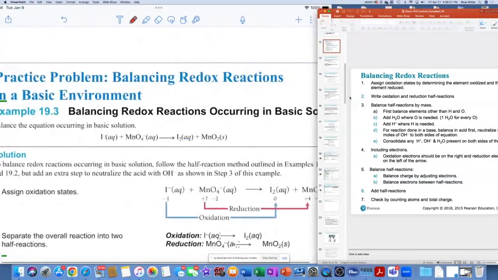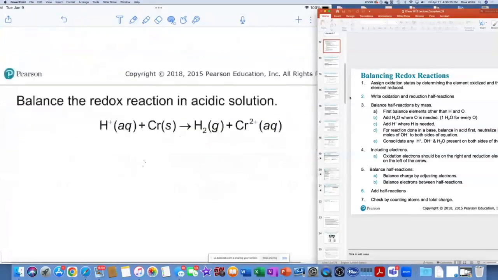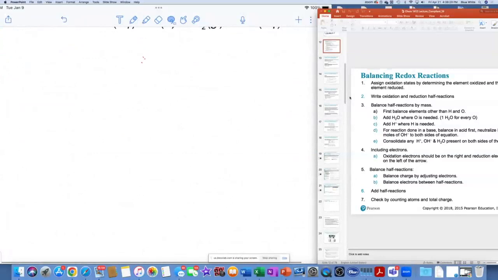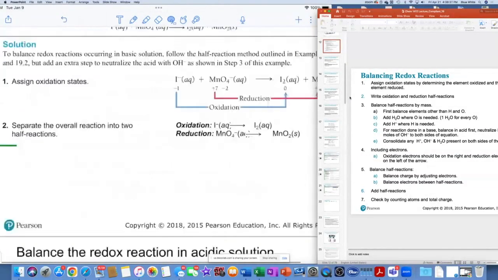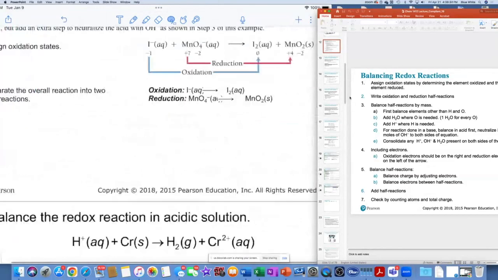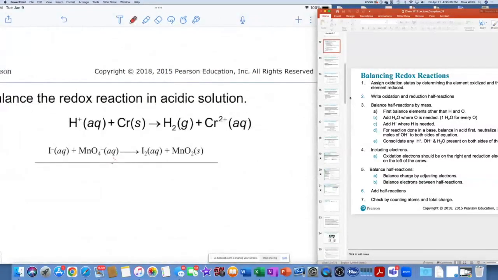Okay, hold on. Let me copy this. Copy. Ignore that part. And then paste. So we are balancing this, but we're balancing this in what? Oh, in basic solution. So now we're going to be working on what they show.